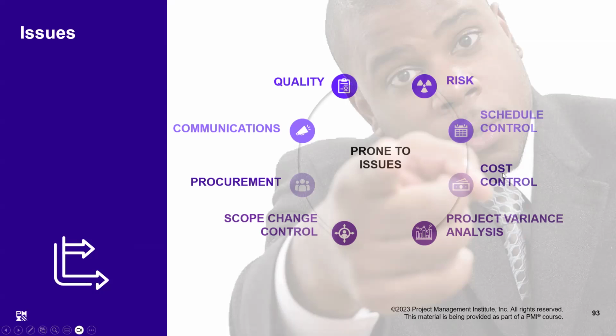Scope change control, cost control, and schedule control can also give rise to issues. Quality could also have some issues of its own. Communication could have issues. Procurements could have issues. And when we are doing the project variance analysis during the monitoring and control, that can also point to certain issues. This I am talking from a predictive point of view.